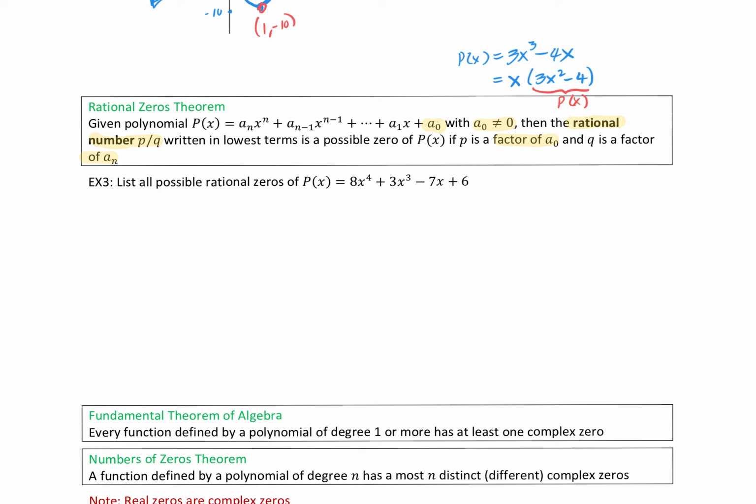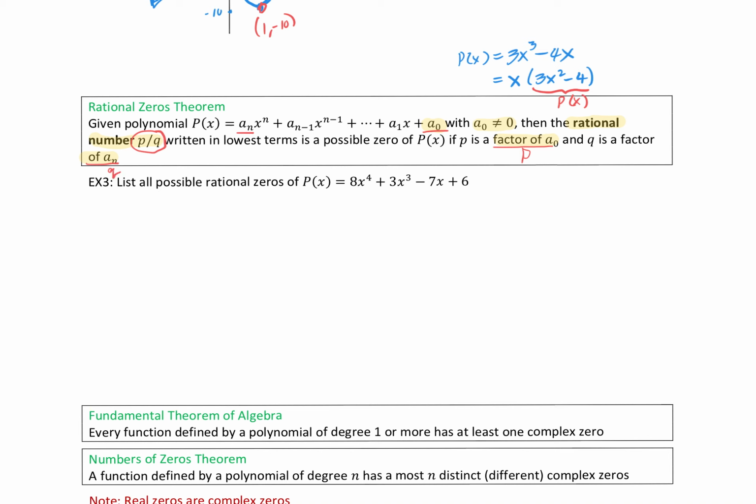So we're going to be looking at the a sub 0 and the a sub n, and all the numbers that can divide those, all their factors. And then those would give us our possible rational zeros, where the factors of your a sub 0 would be the p, so that would go on top, and the factors of a sub n would be the q, so that would go on the bottom.